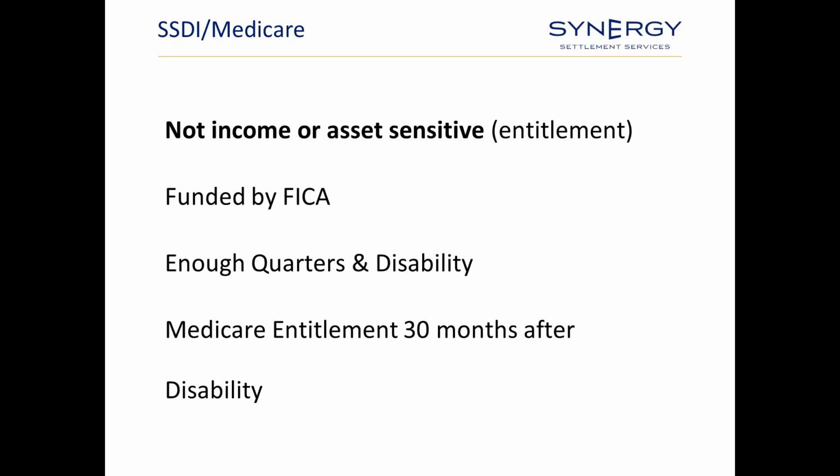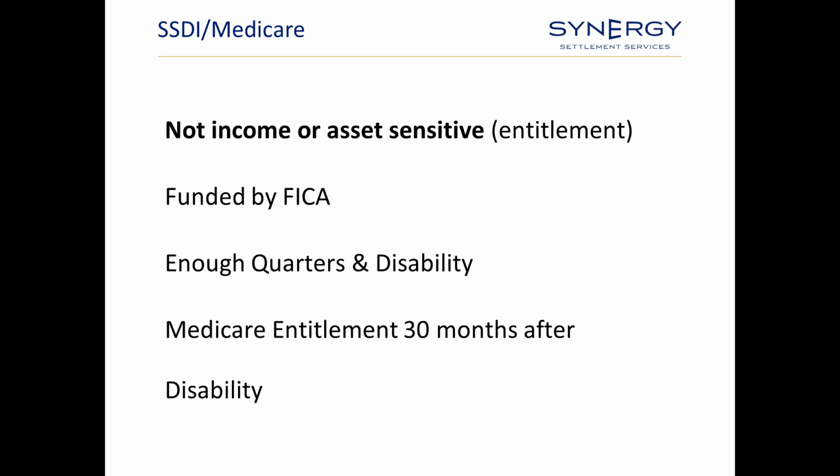First, I just wanted to start off with a little bit of a review about the basics and the interplay between SSDI and Medicare. SSDI is the disability payment that Social Security provides to those that become disabled, and Medicare is typically the healthcare provider for those that reach retirement age, but through disability, people can get Medicare coverage early.